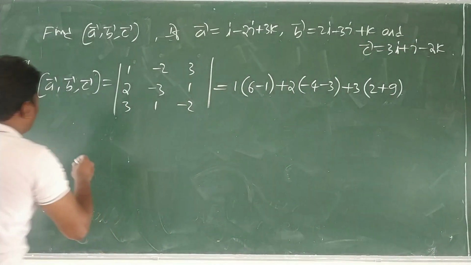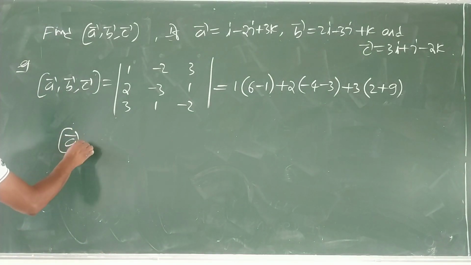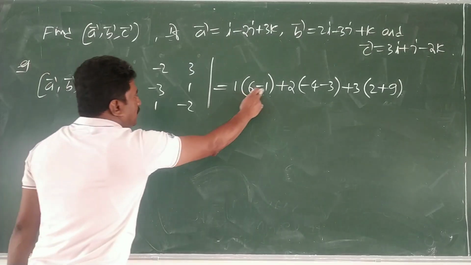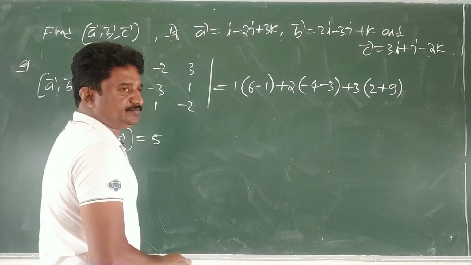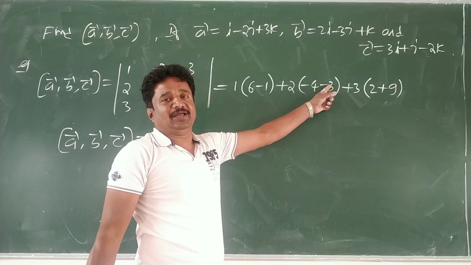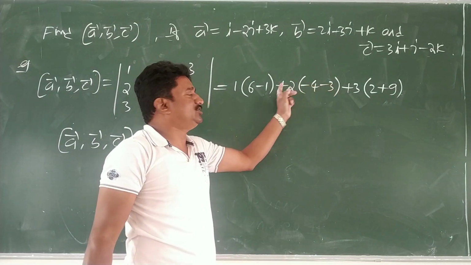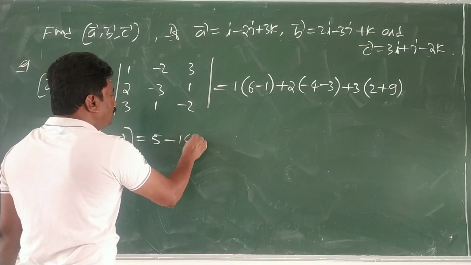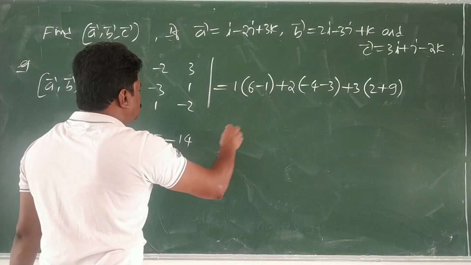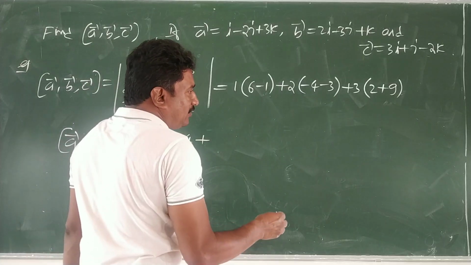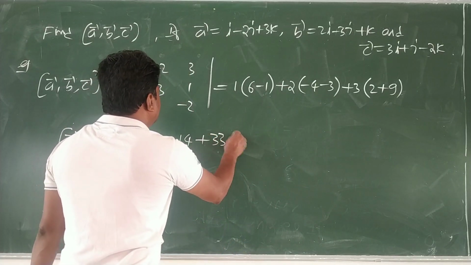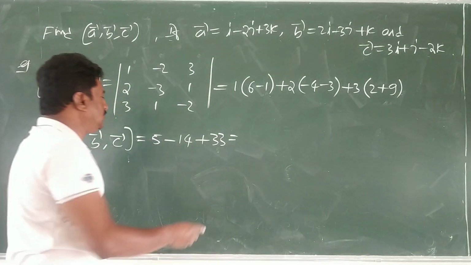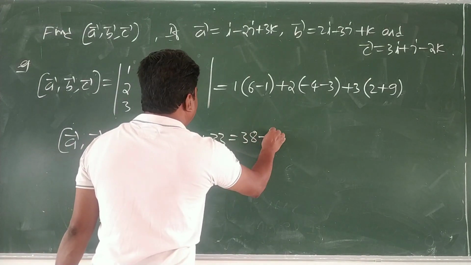So you find out the box ABC value. 6 minus 1, 5. Minus 4 minus 3, minus 7. Minus into plus. 7 2s are 14. 9 plus 2, 11. 11 3s are 33. 33 plus 5, 38. 38 minus 14.